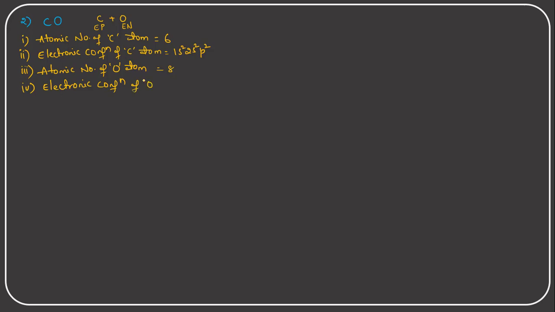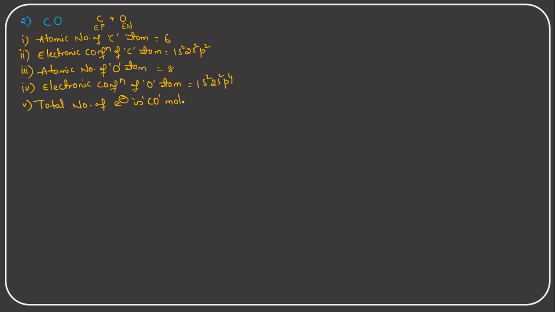So separately we are taking the information of both the atoms present in the molecule. So what will be the electronic configuration? 1s2, 2s2, 2p4, right? And what will be the fifth point? The total number of electrons in carbon monoxide.